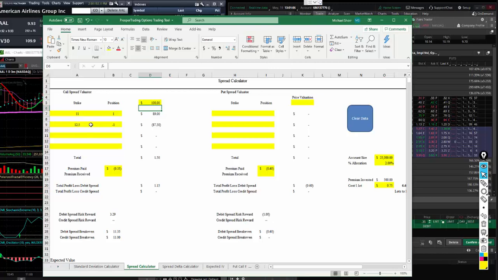We've capped off our possible reward because we financed our purchase of the 11 calls with the sale of the 12 and a half calls. We have to give something to get something. You can see we could never make more than $1.15 net on this. That's the one I would do: 11, 12 and a half, try and pay 35 cents or better.